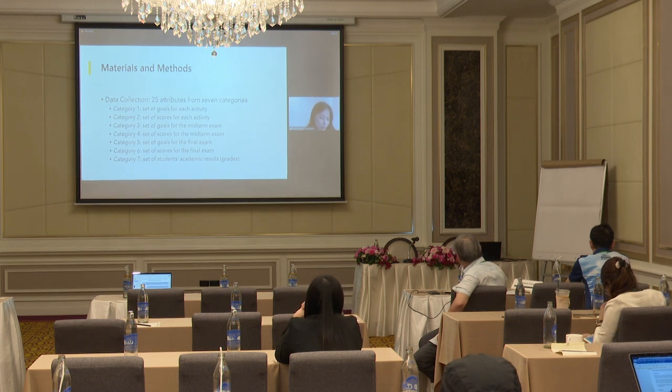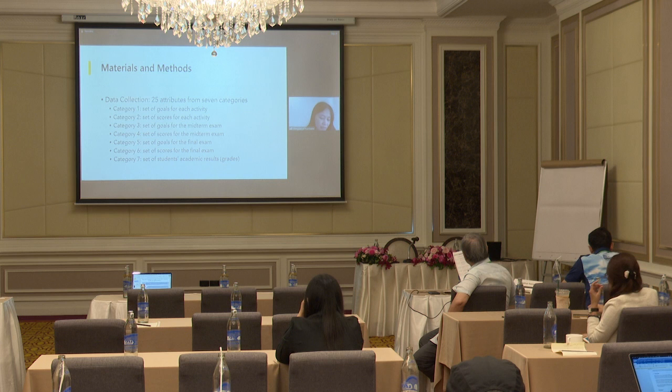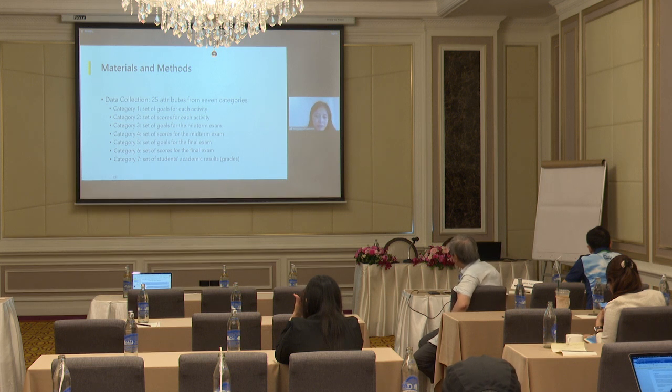Therefore, the feature consists of 25 attributes from 7 categories. There are sets of goals for each activity, score for each activity, goal for the midterm exam, score for the midterm exam, goal for the final exam, score for the final exam, and student academic results or grade.